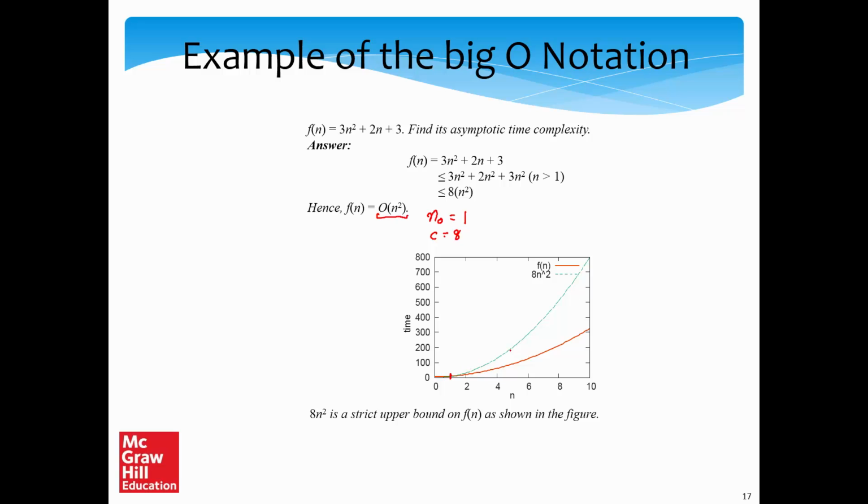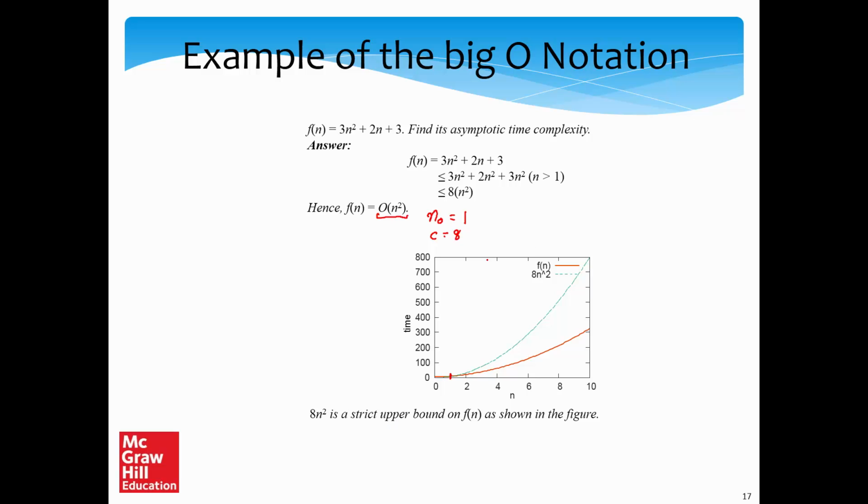So 8n square is this green curve over here and fn is the red curve. We can see that 8n square is clearly greater at all points as compared to the original function fn. So we can say that 8n square is an upper bound on fn as shown in the figure.